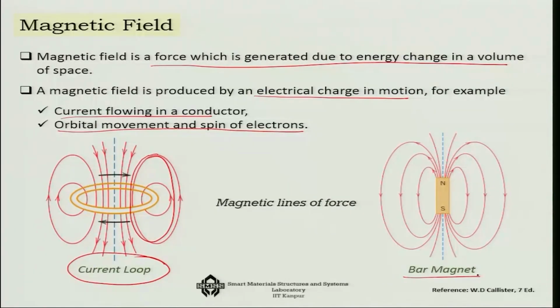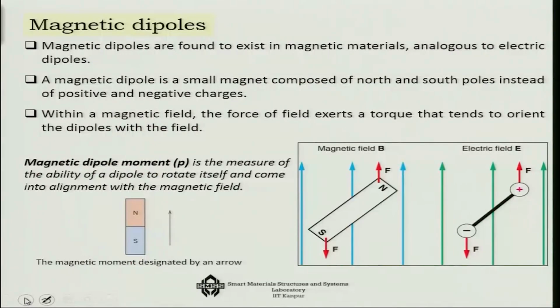If you consider a permanent magnet like a bar magnet, you would see that the magnetic field is generated from north and ends at south. That is how the magnetic lines of force, the magnetic loops, work on the system. So basically you can have the magnetic field due to the intrinsic property of a material, or by an external electric field in the system.